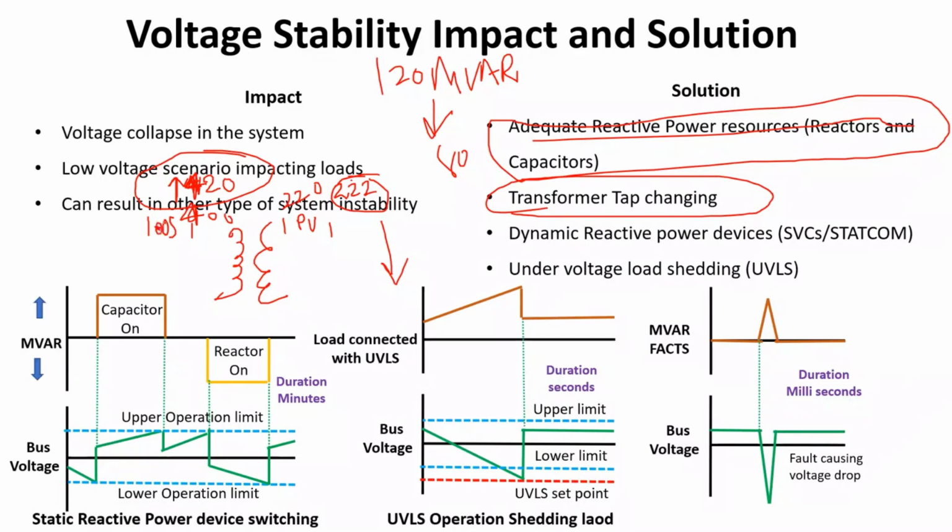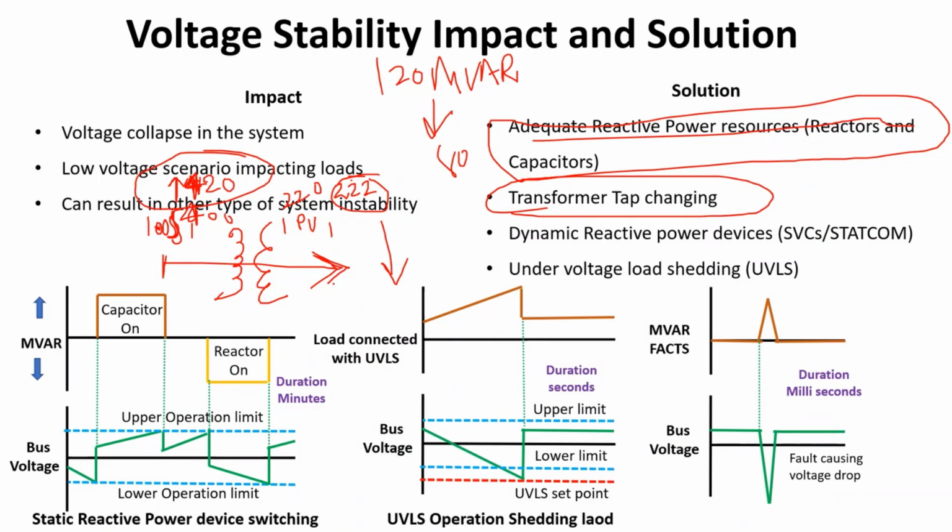So how will the reactive power start flowing in the system? Reactive power will start flowing from the 400 kV to the 220 kV system, right? Because the voltage will be higher on the 400 kV side and lower on the 220 kV side. So the 400 kV voltage is injecting reactive power into the 220.